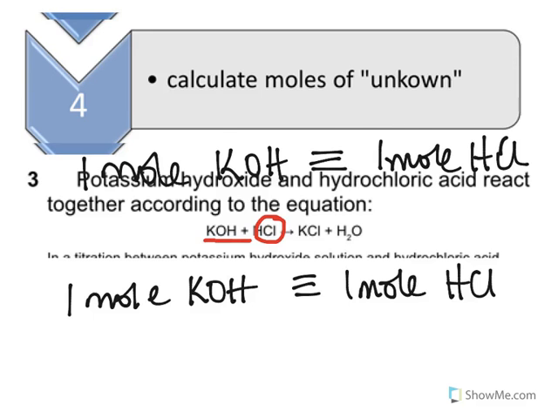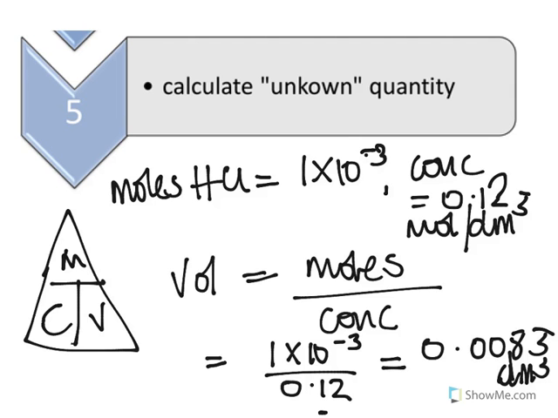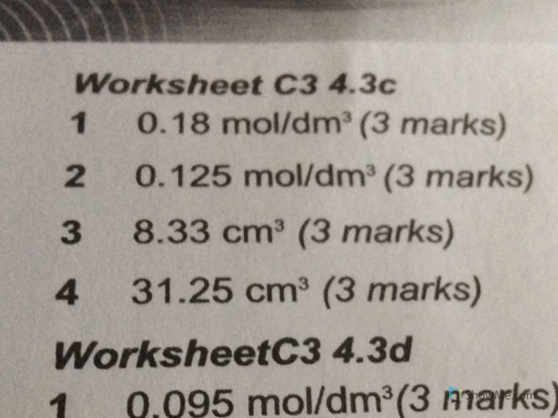So if we flip back to how we convert from decimetres cubed to centimetres cubed, we multiply by 1,000, which here gives us 8.3 centimetres cubed.